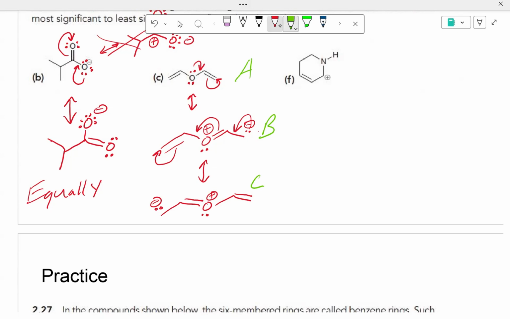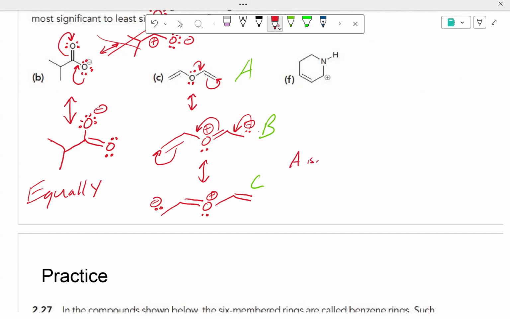Now we start at the top of our rules. Full octets. Okay, all of them, A, B, and C, have a full octet. So we go to the next rule. The one that contributes the most has the least amount of formal charges. So that's going to be A. A will contribute the most.